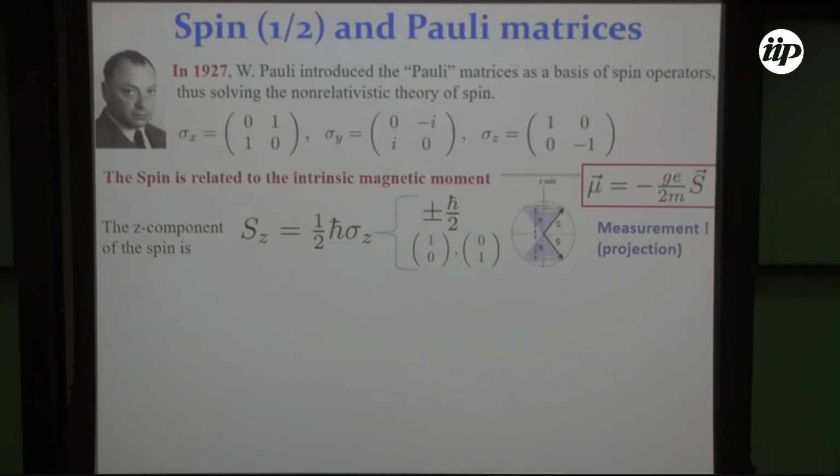As you know, Pauli moved forward and found the mathematical subtleties of spin degrees of freedom, and introduced these famous 2x2 matrices that turn out to describe the mathematics of what is really the spin. And these matrices are really related to the physical effect that will be sensitive to magnetic field.